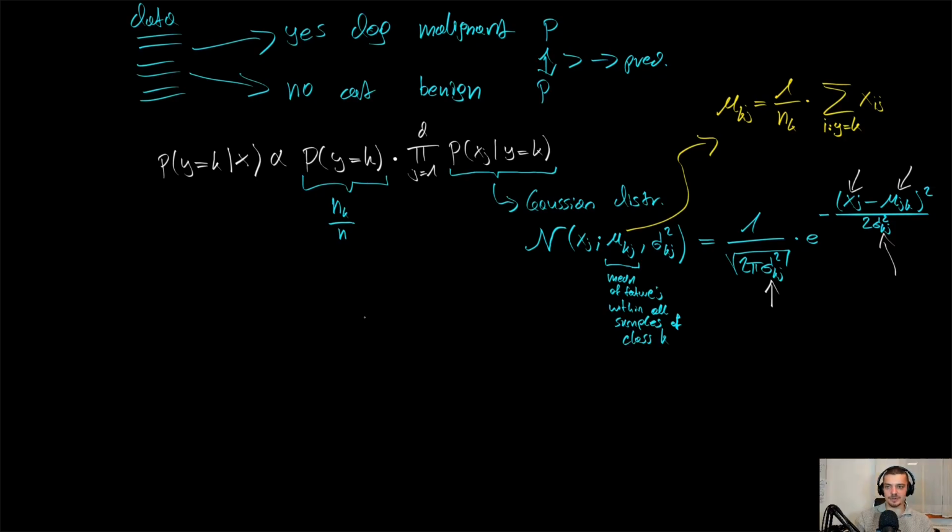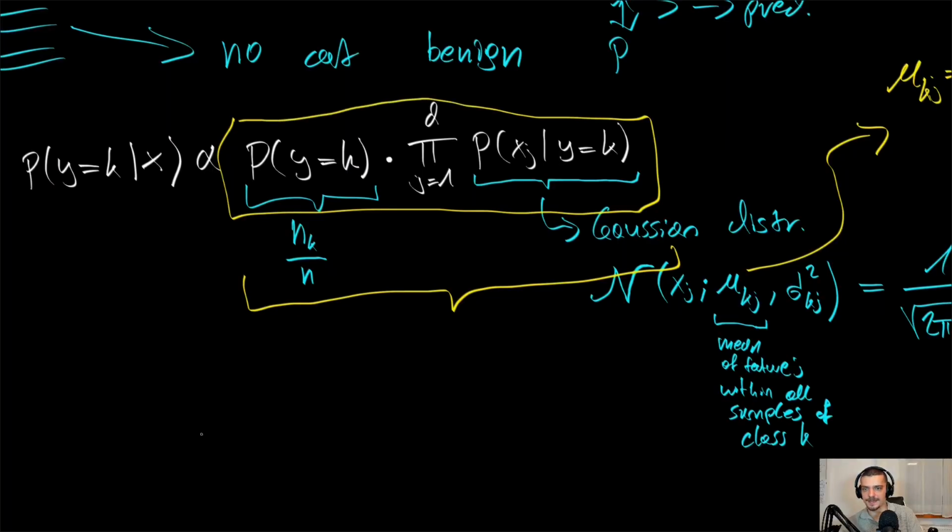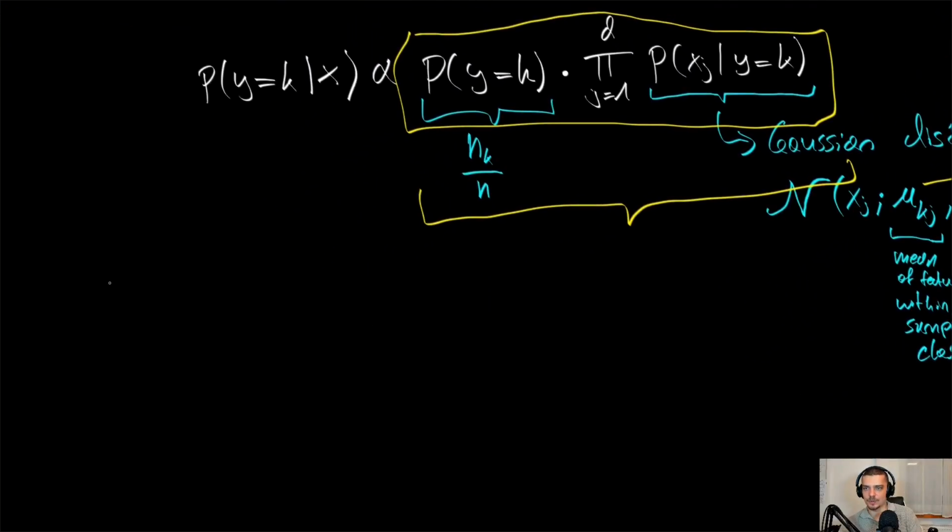So what we're going to do is apply the logarithm to turn multiplication into addition and thus resolve the problem. So we take this beautiful part here, this yellow part, or this white part, I should say, and we rewrite it with the logarithm. So we just take log of this. So we say log of P(y equals k given x).